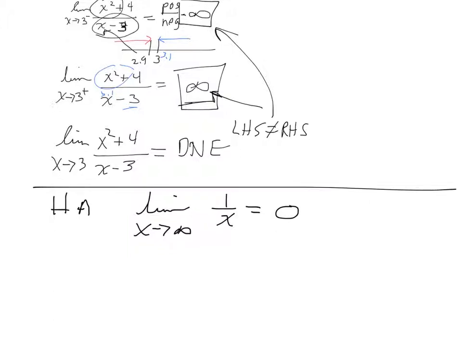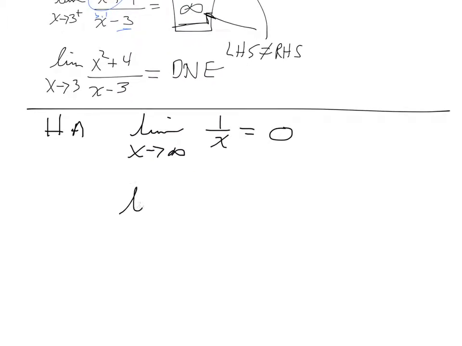And if I have my limit of 1 over x as x approaches minus infinity, again, that's getting very, very small negative, and we're just simply going to 0. I thought, man, if this was real life, this would be cool, because this says as my bottom gets bigger, it's basically going to 0.